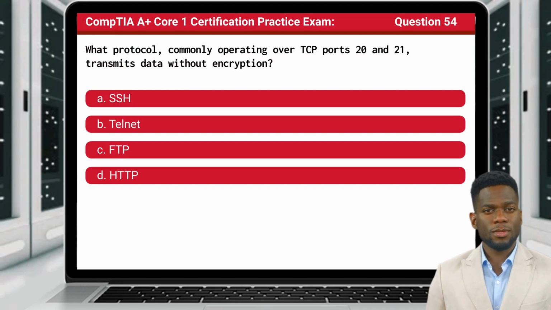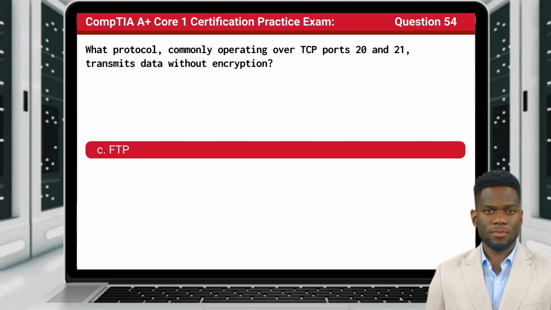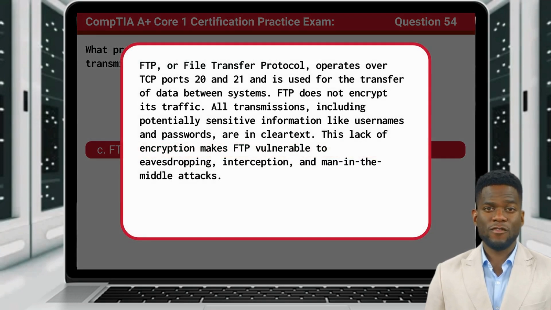Question 54. What protocol, commonly operating over TCP ports 20 and 21, transmits data without encryption? The answer is C. FTP. FTP, or File Transfer Protocol, operates over TCP ports 20 and 21 and is used for the transfer of data between systems.